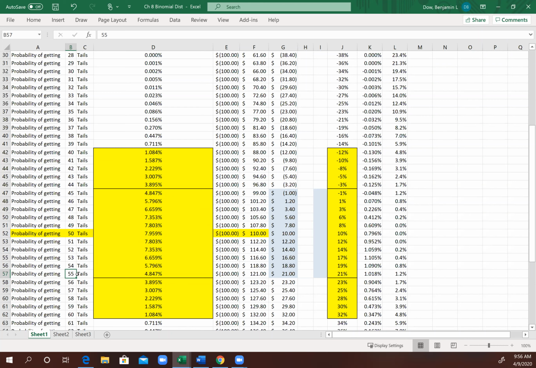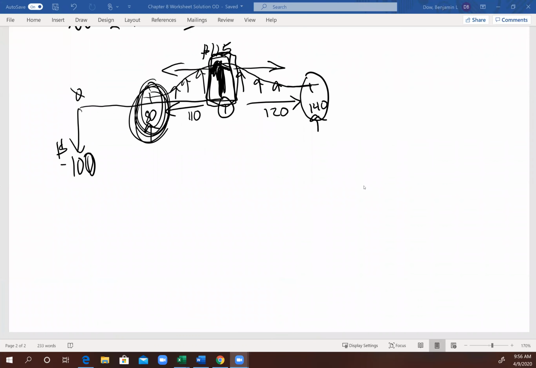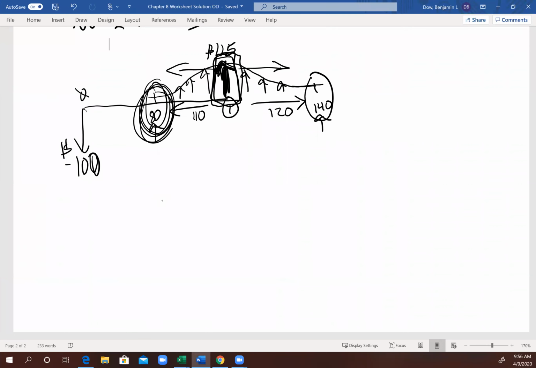Okay? And what we typically know from a standard deviation is what? Plus or minus 1 standard deviation around the mean.